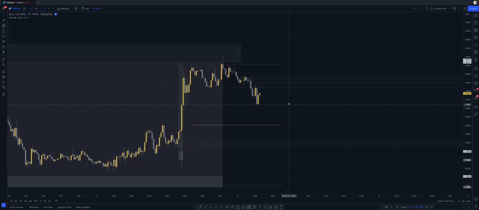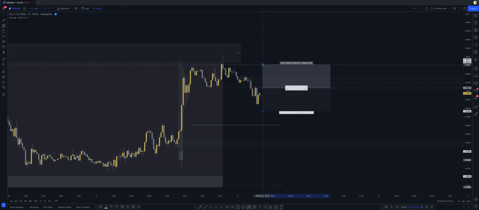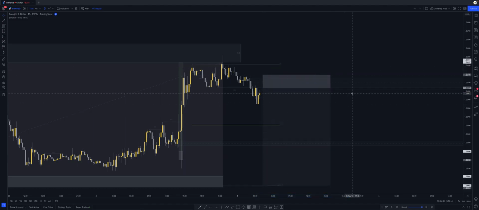I was actually in bed when I saw this zone being printed. I just checked my charts quickly. I noticed this zone was printed by the indicator. Now, in hindsight, of course, I should have set up a position like this. But at the time, because I was still in bed, I wasn't at my charts, I didn't feel confident enough to do that. So I just made the risk reward a little more favorable by targeting the 50%.